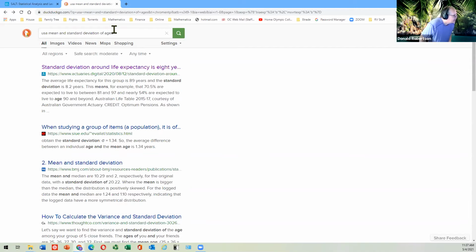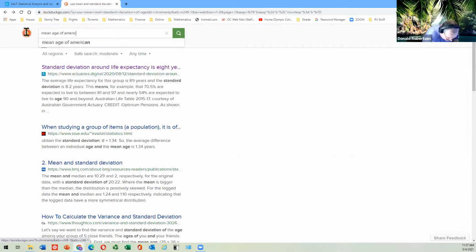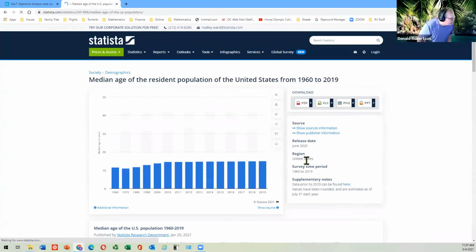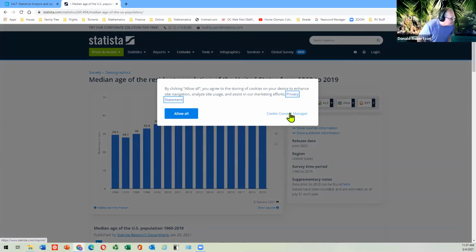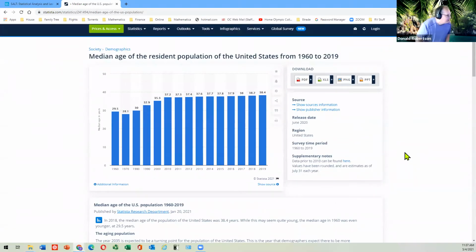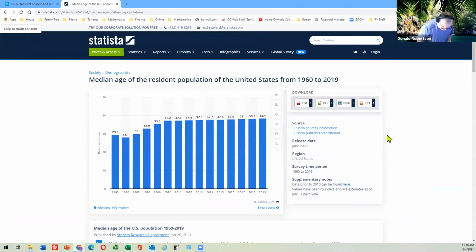Yeah. I need help. Give me another search so I can find this. Let's do the mean age of Americans and see if that comes up. Mean age of Americans. There we go. With a bit of luck, it'll tell me standard deviation as well. I don't know what that is. Go away. The median age, well, it's not quite the mean, but it'll do. Oh, demographics, that's interesting. So it is 38.4. I need a standard deviation.